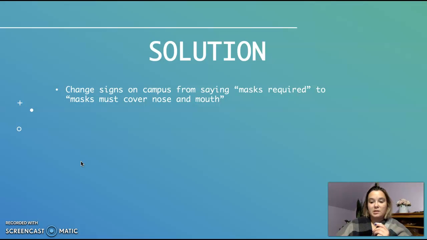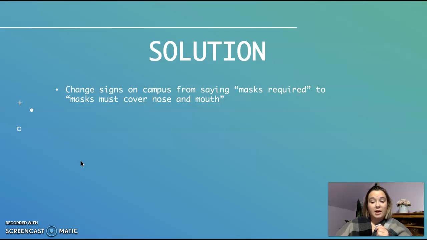So, my solution for campus is simple. We change the signs on campus, like on the doors, from saying masks required to saying masks must cover nose and mouth, because masks covering your nose and your mouth is the most important part. That's more important than anything. If you notice around campus, all the signs just say masks required.